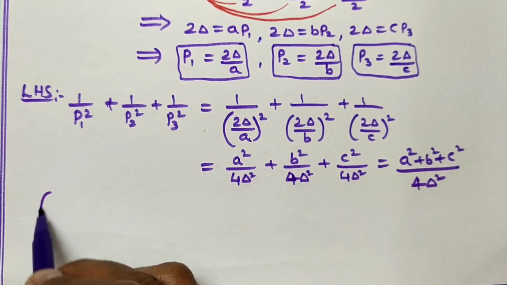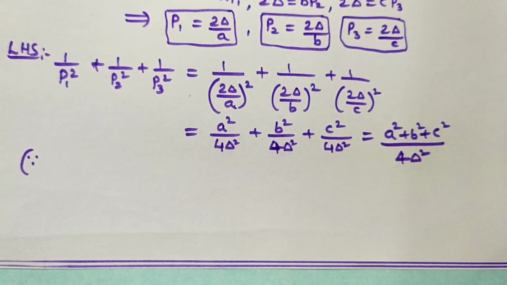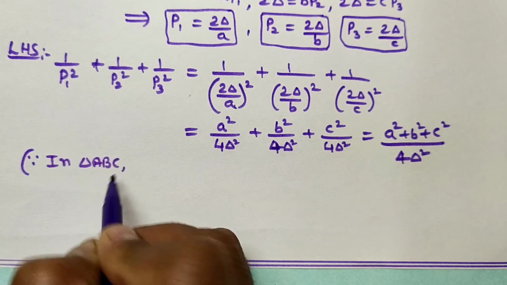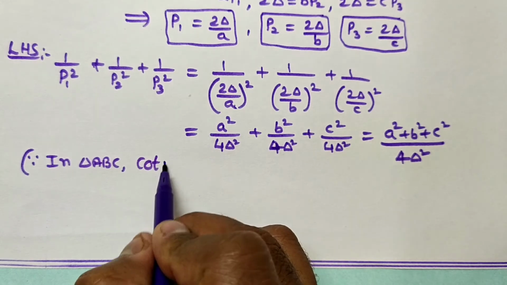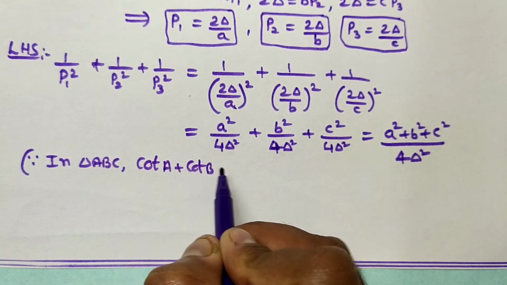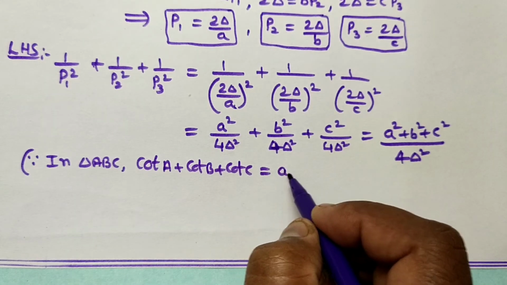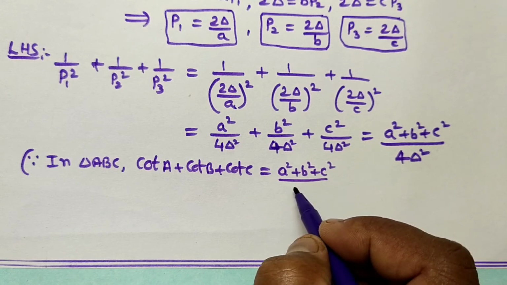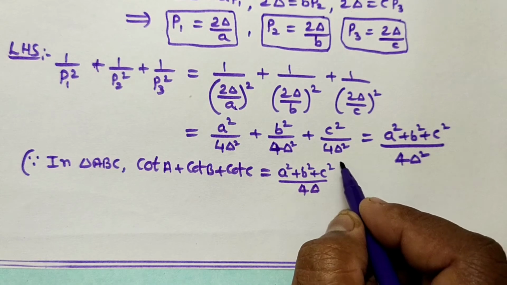But since in triangle ABC, cot A plus cot B plus cot C equal to A square plus B square plus C square divided by 4 delta. We proved this result in previous sessions.